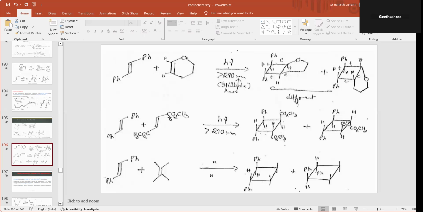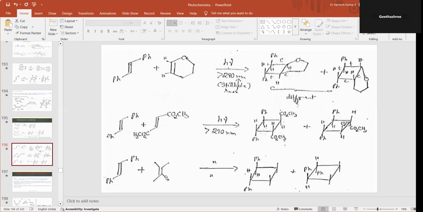And for the fumarate, COO ester here, COO ester here. That means in this isomer, there is retention of configuration with respect to stilbene as well as the fumarate. Here also there is retention of configuration, but the orientation of the stilbene and the fumarate is different here. That's the only difference. Then here we are taking one geometrical isomer and one non-geometrical isomer.